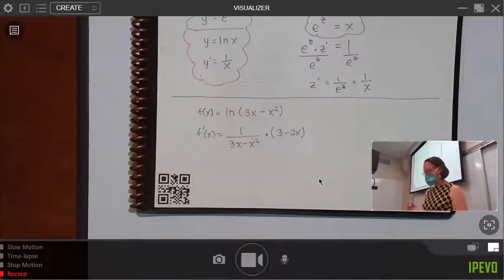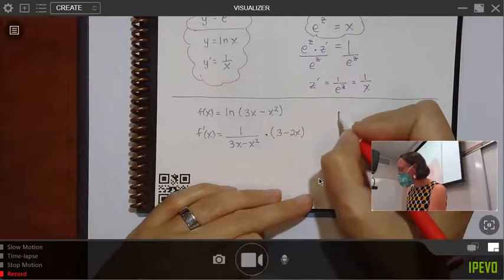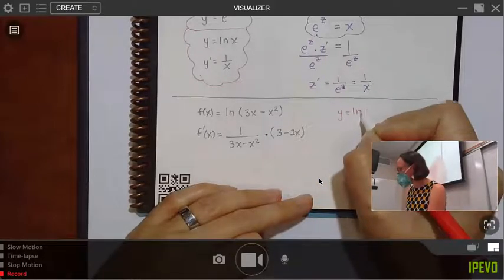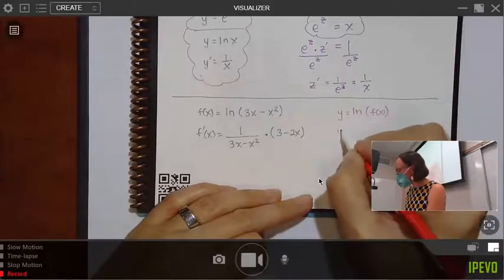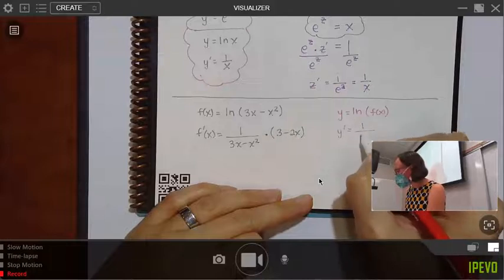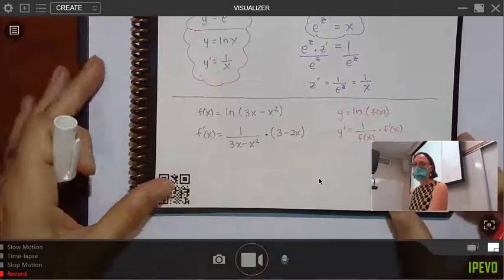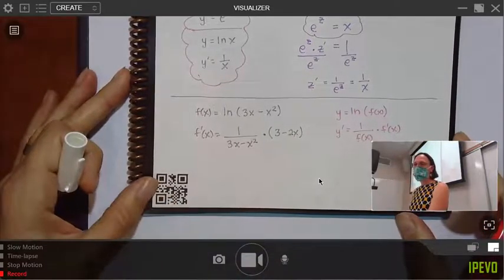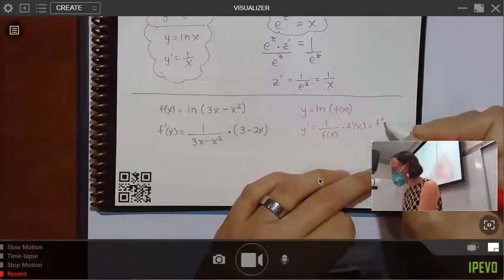Sometimes what I see written is if y is equal to natural log of some function of x, then y prime is 1 over that function of x times f prime of x, or that gets written as like f prime of x over f of x.